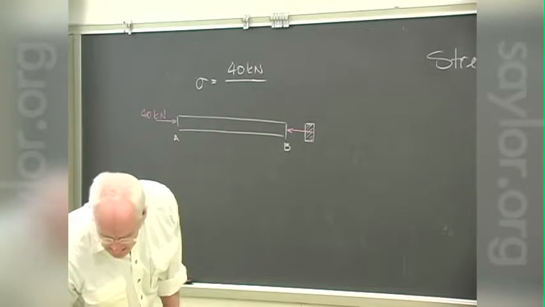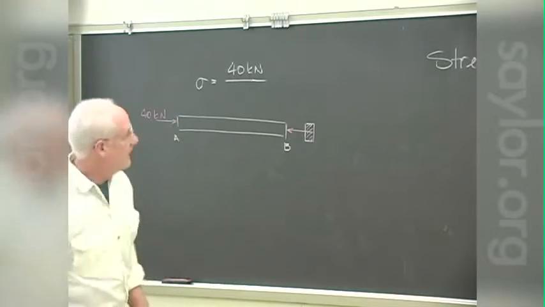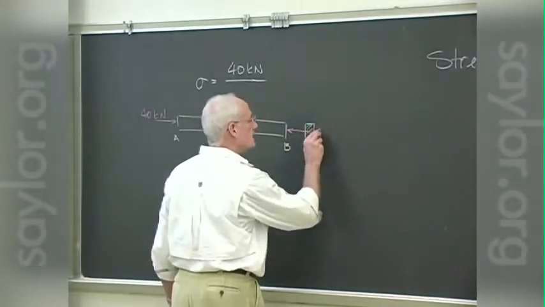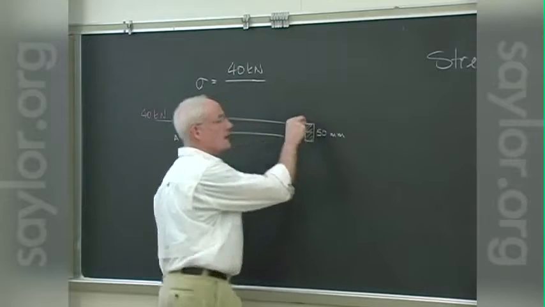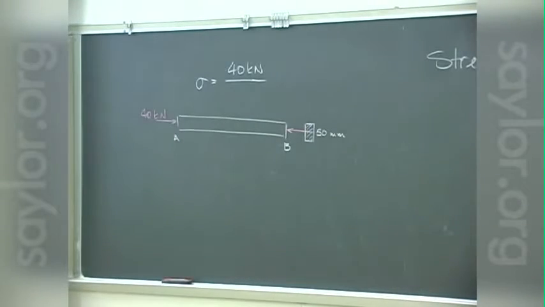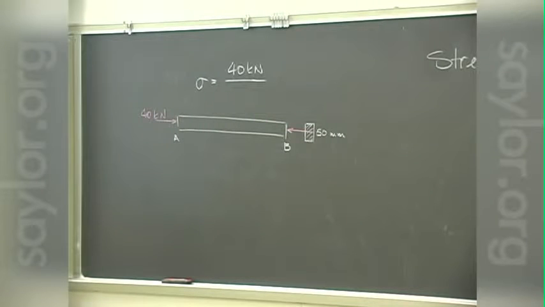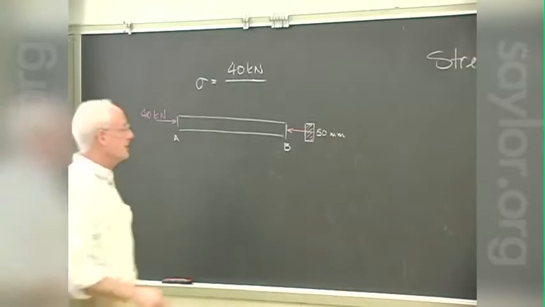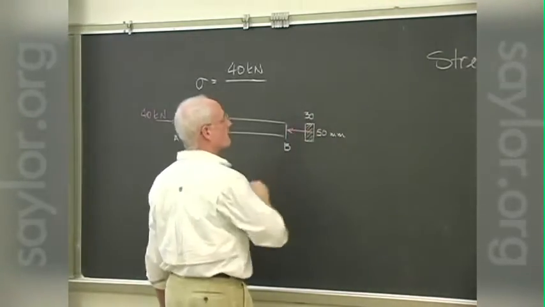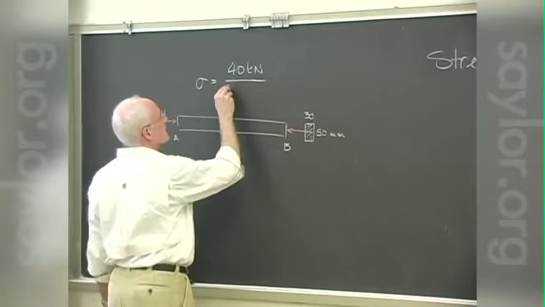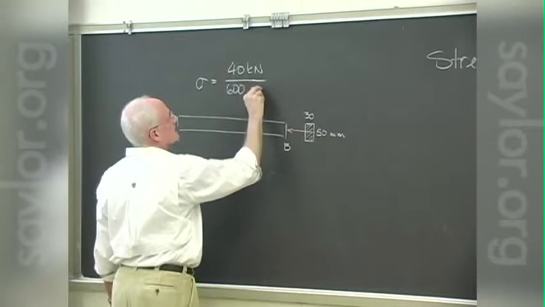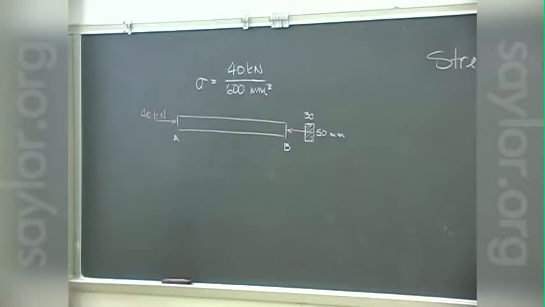Looks like it's 50, and this is millimeters, how deep is the piece? Does everybody agree with that, 30? You actually have to look down at this piece here. Here's AB, and you can see its thickness is 30 millimeters there. So the area is 600 square millimeters.